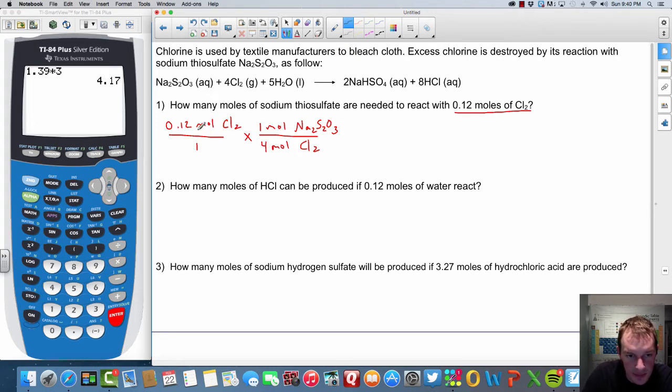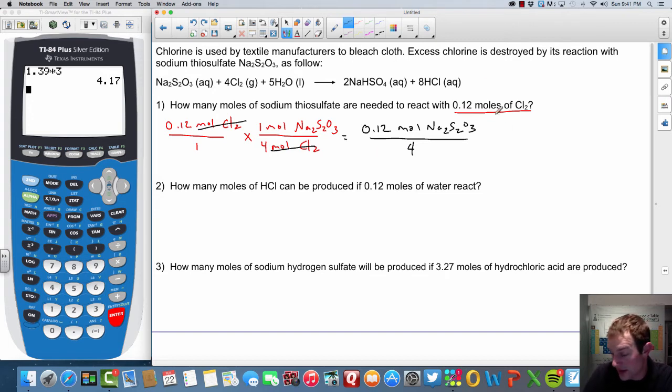Now we can see that our moles of Cl2 are going to cancel, and what we're left with is 0.12 times 1 mole of sodium thiosulfate divided by 4. So if we write that down, 0.12 moles of sodium thiosulfate, Na2S2O3, divided by 4.